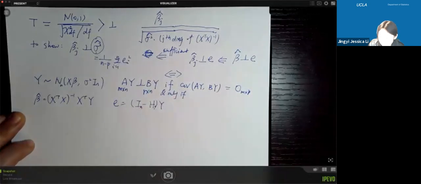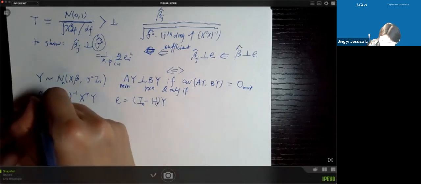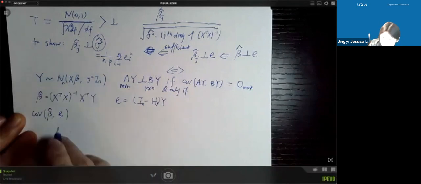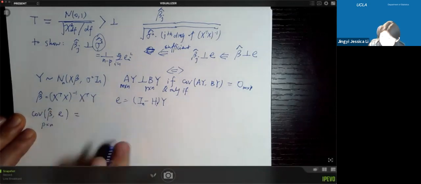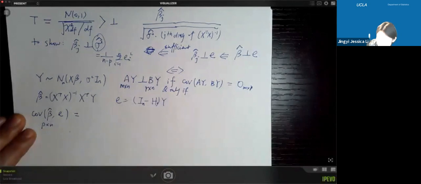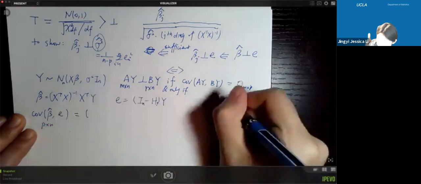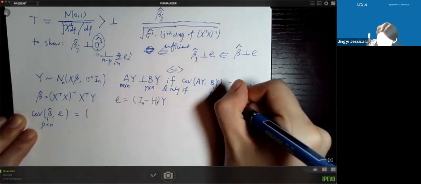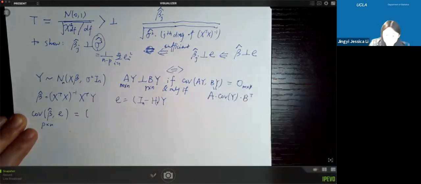So we're going to do that. To get the covariance matrix of beta hat and E, by definition this will be a p by n covariance matrix. This will be equal to A times the covariance matrix of Y times B transpose.